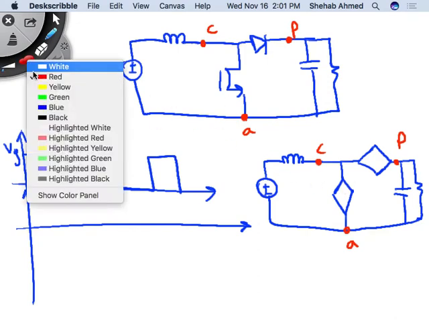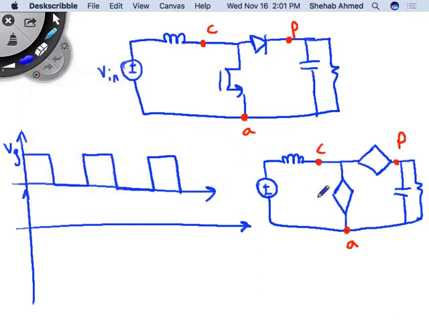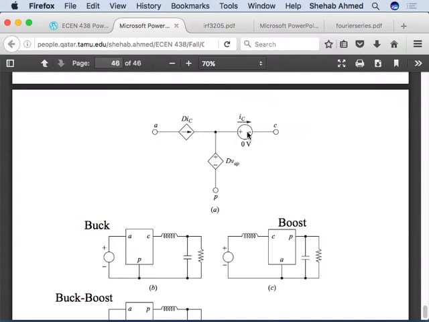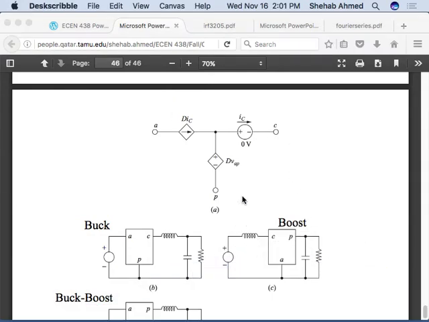So next to the active is my current source. This is my active terminal. And next to the passive is my voltage source. So the voltage source is D times VAP, and this is D times IC. But please note that IC here was coming out of node C. How about the way we're drawing it?